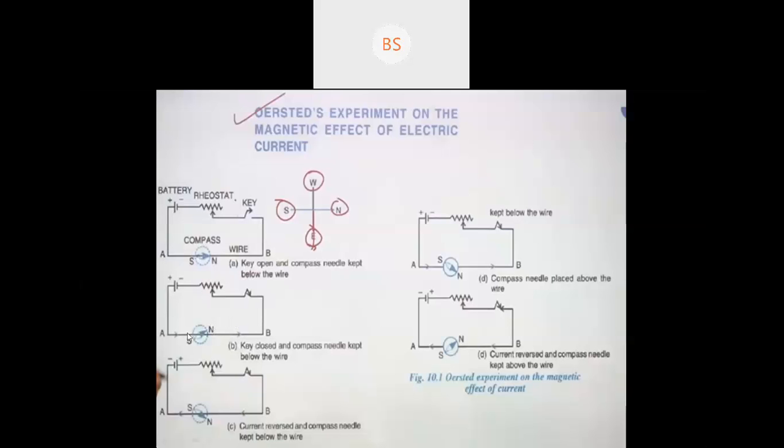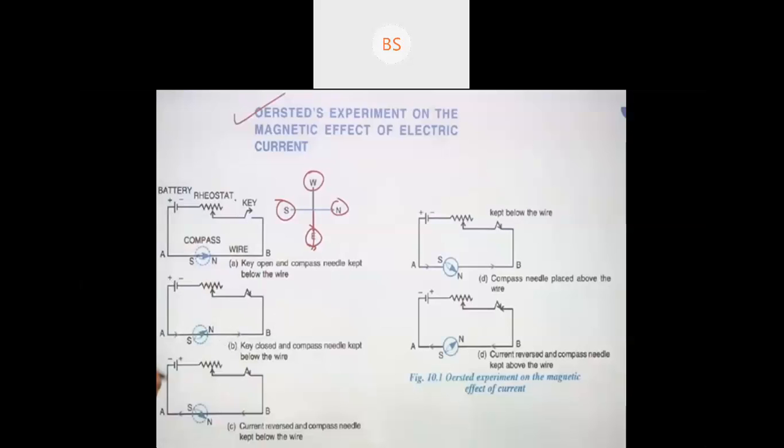So what is the second observation? When the key is closed or pressed, a current passes in the wire. The current passes in the direction from A, you can see here, plus to minus, as you know conventionally. You can see the arrow mark, the current direction is from A to B, and the north pole of the needle deflects towards the west.